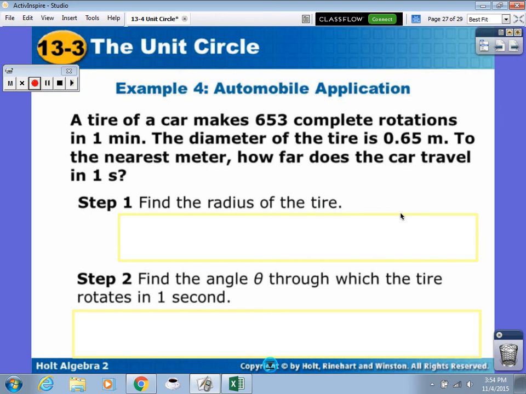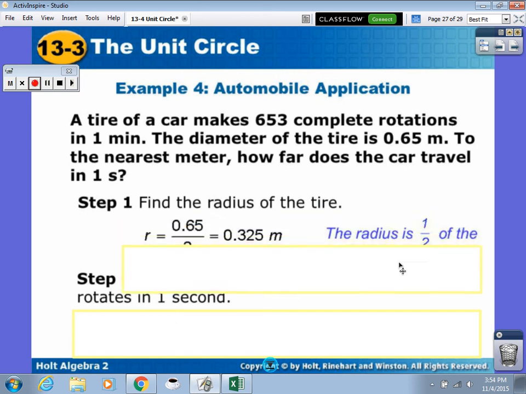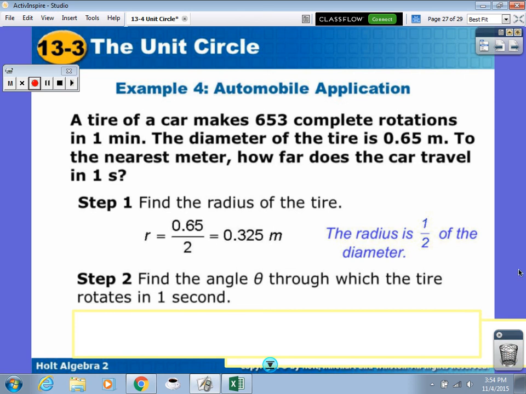First step is to find the radius of the tire, and we know the connection between radius and diameter is pretty specific, so we divide by 2 to determine that r is equal to 0.325 meters. Next, we're going to take the angle theta through which the tire rotates in a second, and we have to convert that.